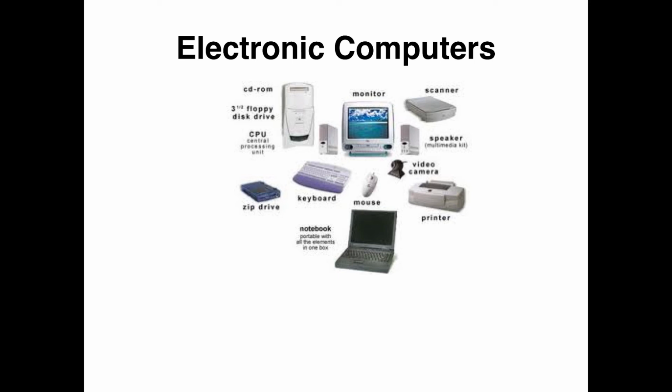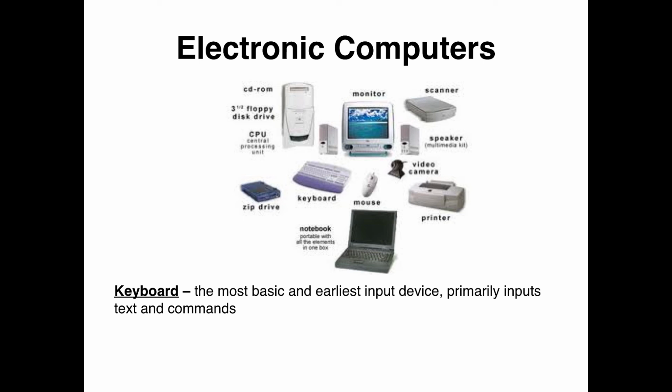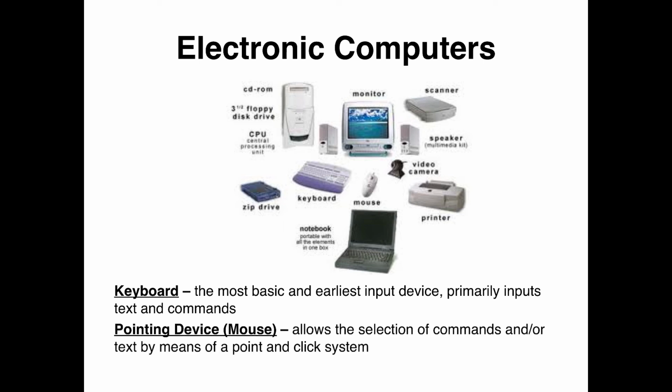Output devices include your printer, your monitor, your speakers for sound, and so forth. So the keyboard is the simplest and earliest input device. The pointing device or mouse came along after that. And then the video display was the first and earliest output device.